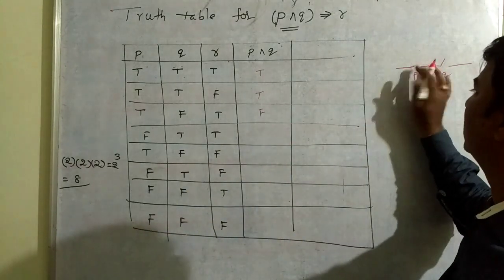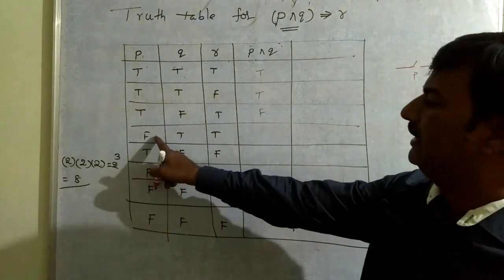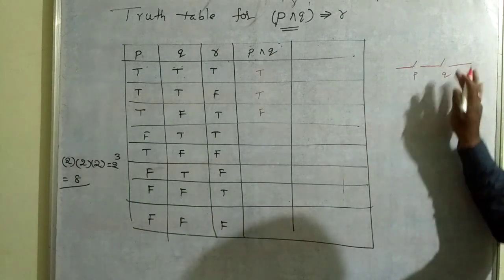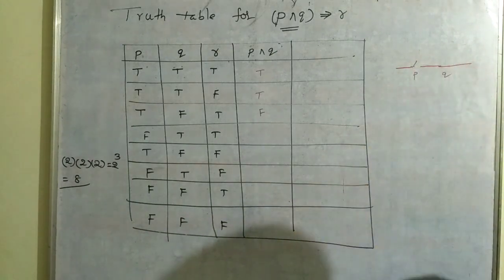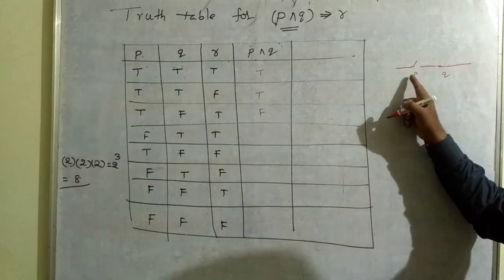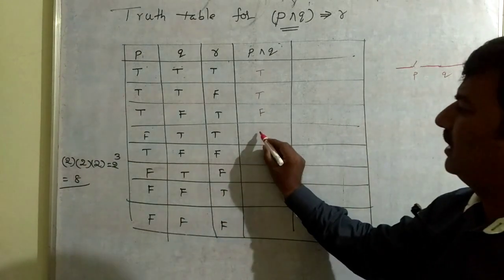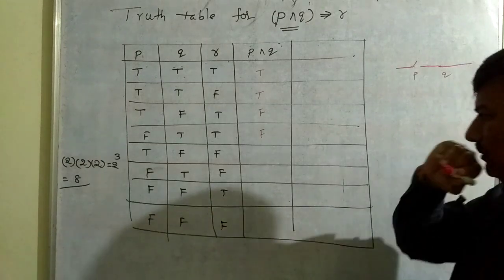Next we'll go for the next case: P open, Q closed. The current doesn't pass from the starting to the ending, which means false.